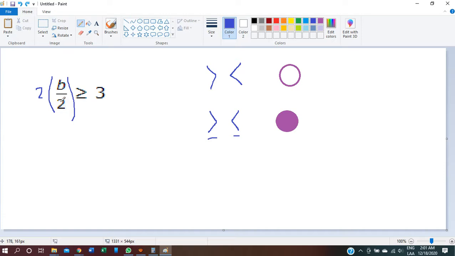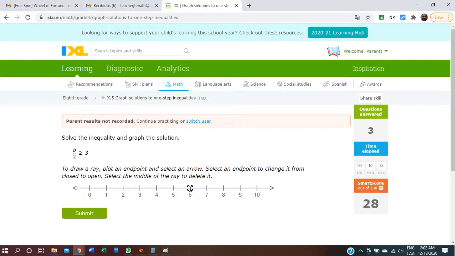We want to get rid of the 2 that is dividing. If we want to get rid of any number that is dividing, we have to multiply by the same number. But everything we do on the left, we have to repeat on the right, so we multiply also by 2 on the right. Now this is gone. Only b remains. We copy the symbol and we do the operation.